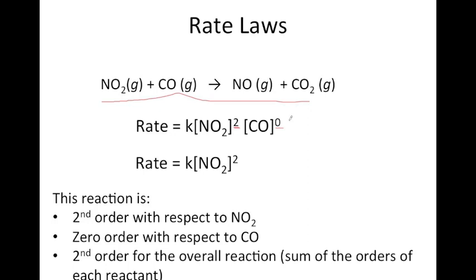Now, one thing, if you have a reactant that is 0 order, as we'll see, the rate is independent of the concentration of that reactant. And so we often will write the rate law without showing this. So we could write the rate law either way. Be familiar with both of these.